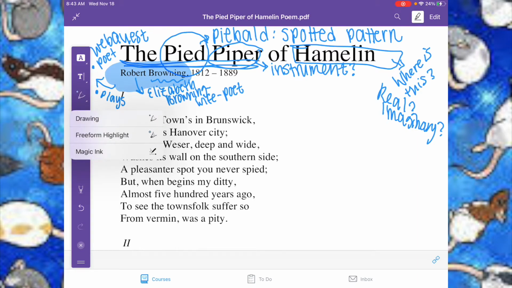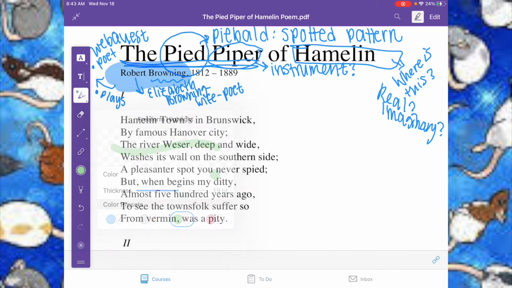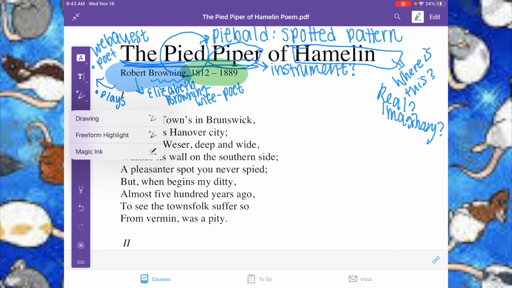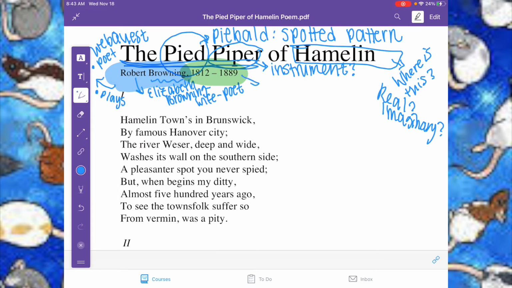And then we're also seeing here his life to death dates. And what does this tell us? This tells us this was written in the Victorian era. The Victorian literary era. And we know that from, again, our exploratory web quest.